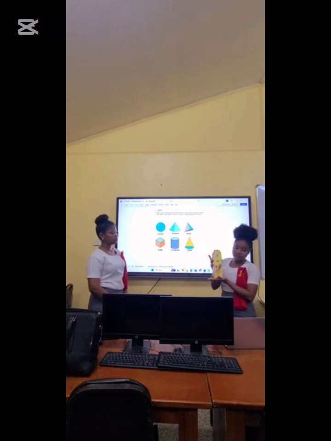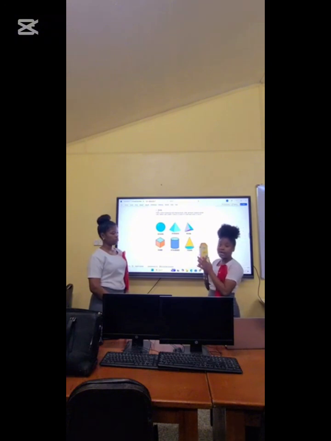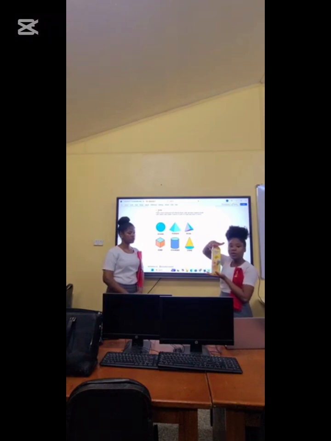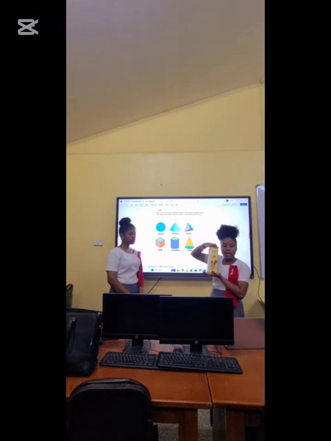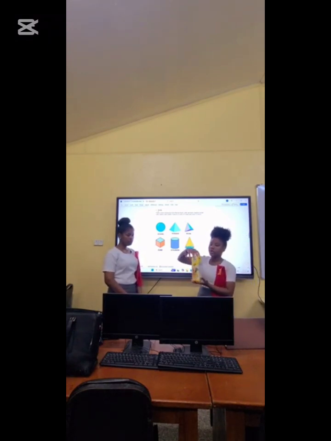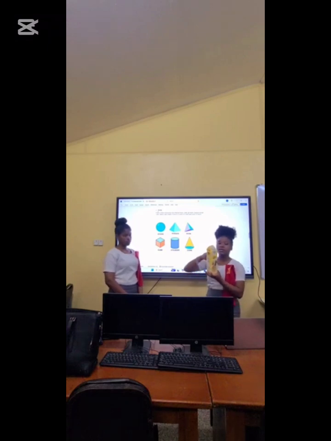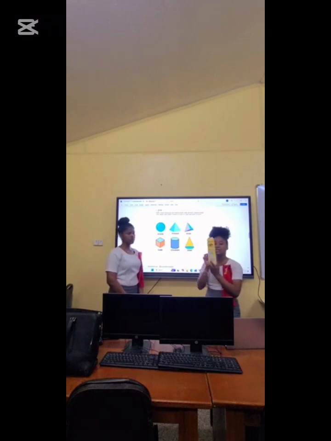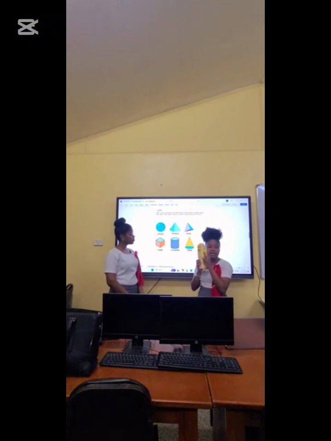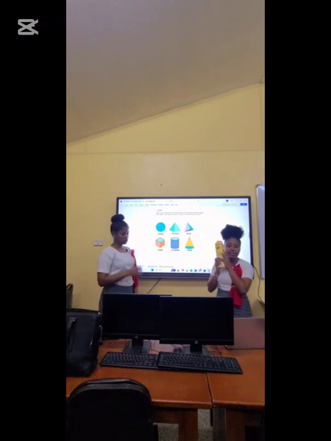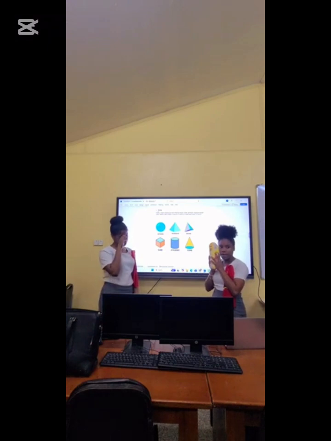Width depends on the size of the bottle or the box. Height is how high it is, and depth is how deep it is inside. Also, you can move around it and see all the different sides of the bottle. This box here is a form, a three-dimensional object.